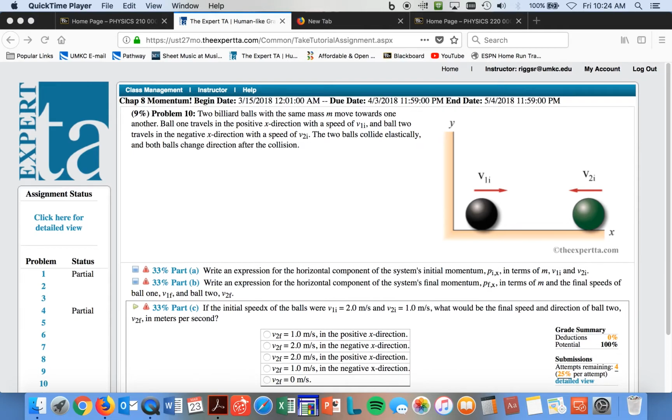But here's the initial problem. This is chapter 8, problem 10 on the momentum stuff that I gave you. And I could have sworn we were going to get center of mass things. I'm going to have to teach you center of mass when we come back, because I think it's an important part of conservation of momentum, because the center of mass of a system is also conserved.